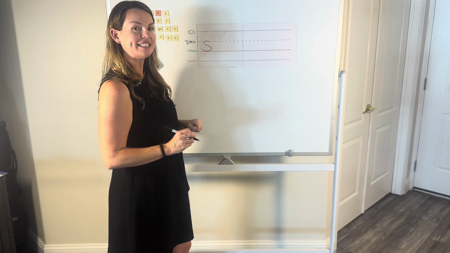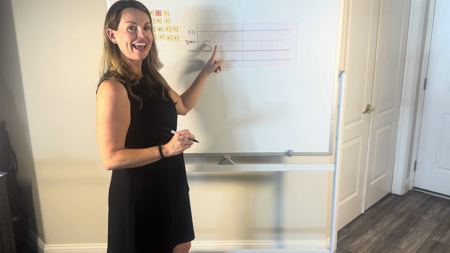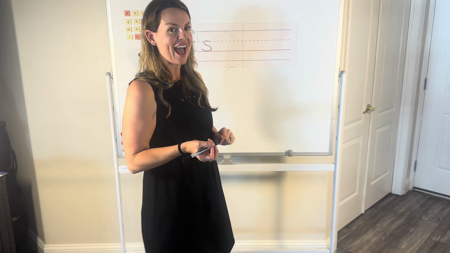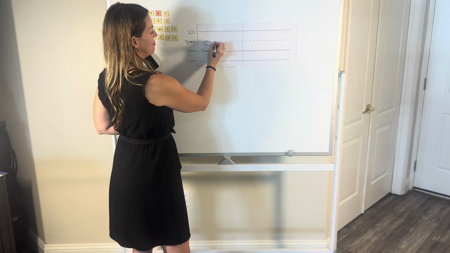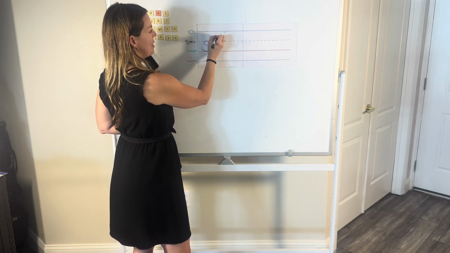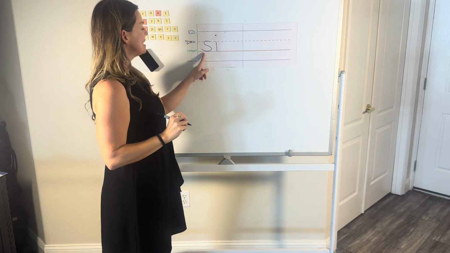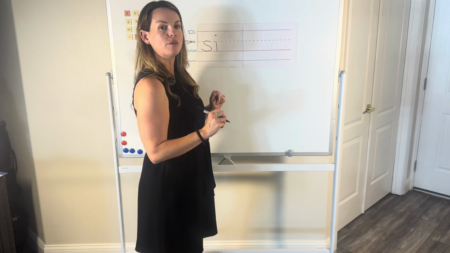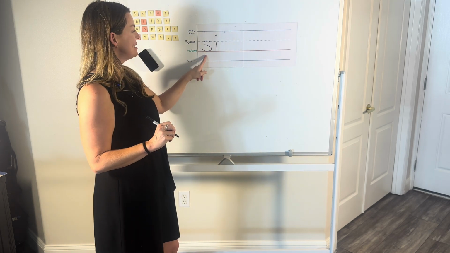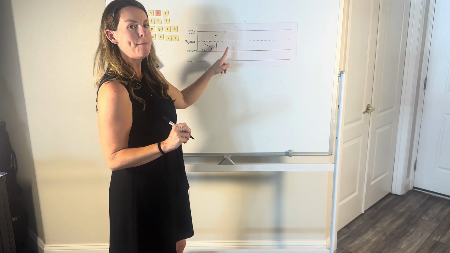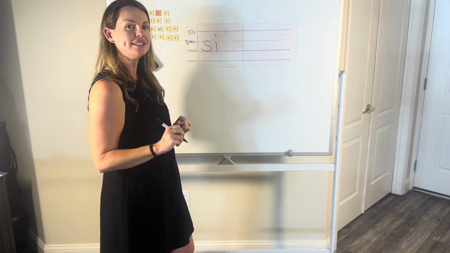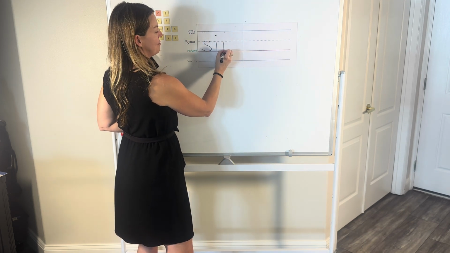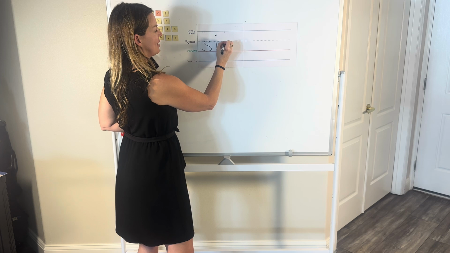I. What letter spells I? I starts on the plain line. Then we give it a dot. What is the ending sound? P. What letter spells P? P starts on the plain line. Then it curves around.